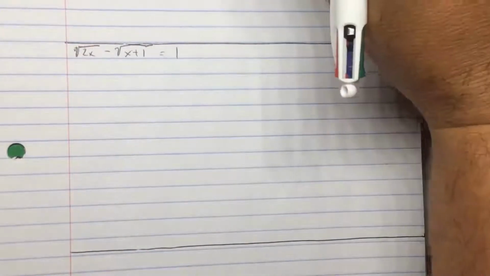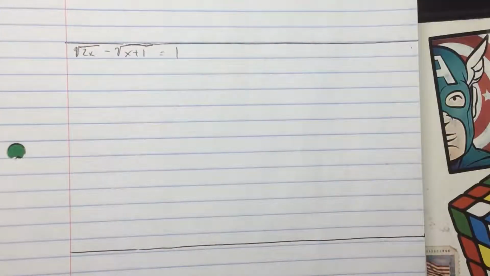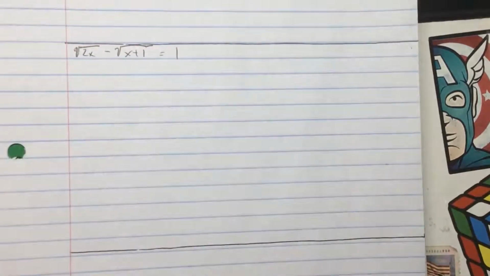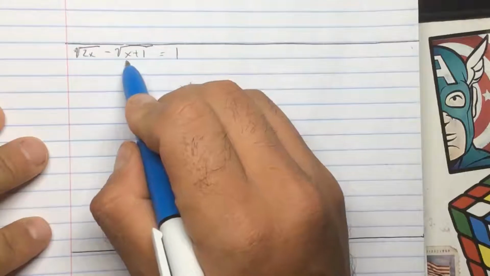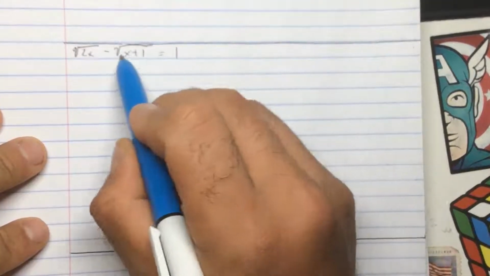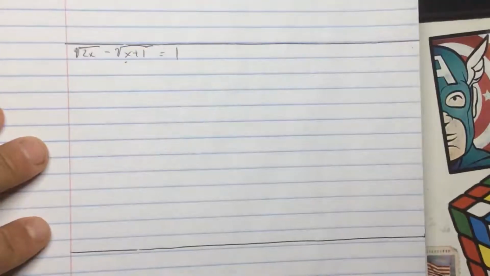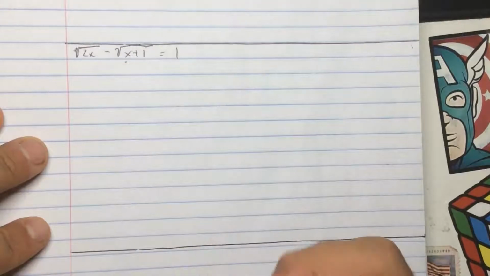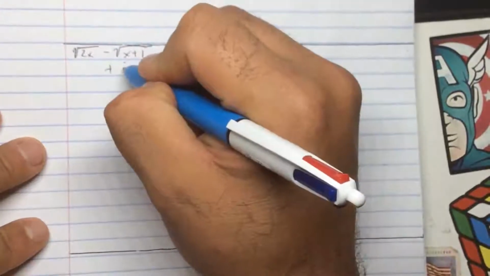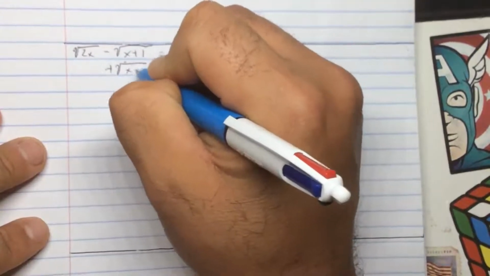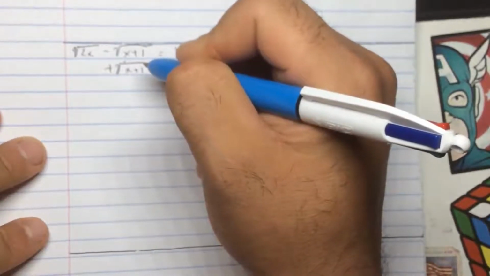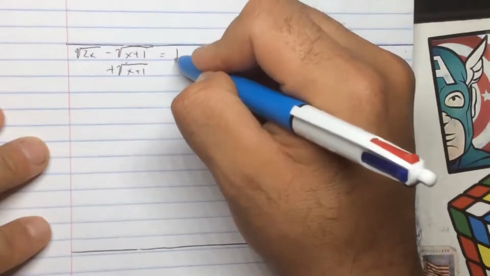Alright, for this one we have two radical expressions again, and we have to isolate one in order to solve. So what I'm going to do is move this one over to the side, because this would be easier to simplify instead of the other one. So we're going to add the square root of x plus 1 here, and subtract 1 as well.